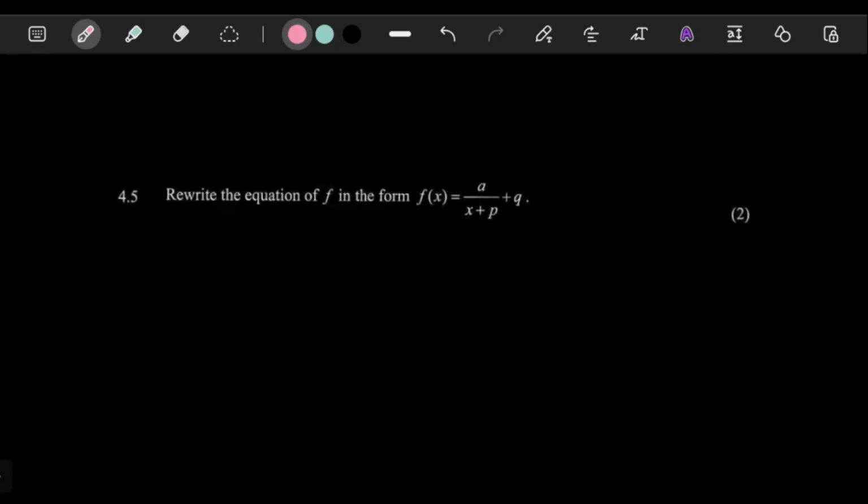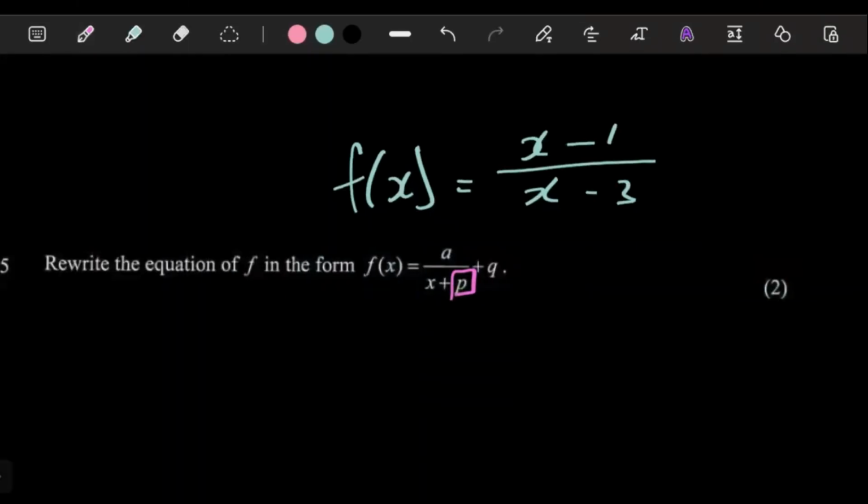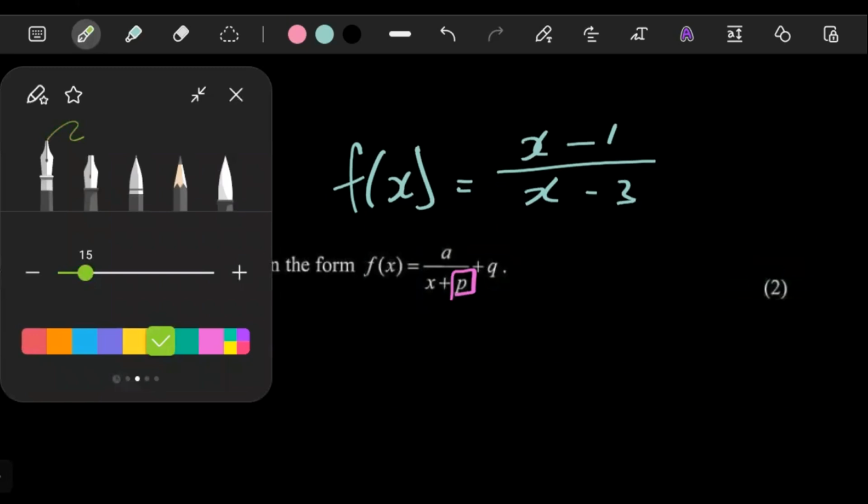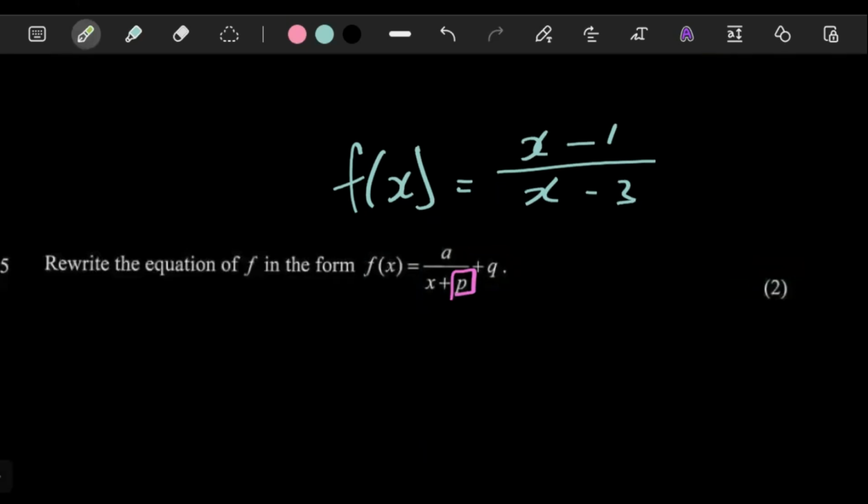If you think of what we are starting off with, f of x equal to x minus 1 over x minus 3, this is one of those questions that show you the game is rigged. The reason they're giving you questions like these is because at grade 12 level, there is basically one method you can use to justify how this can be put into something like this.